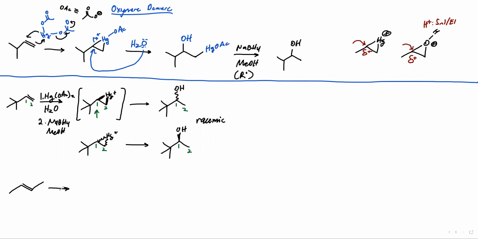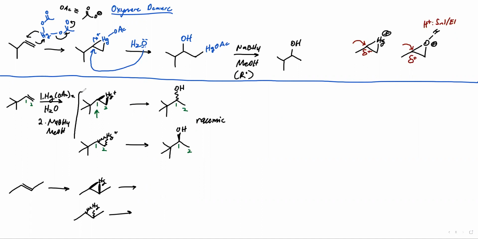So we can totally have this butene here where, let's say we have the up wedged, we'll have the down dashed. And water could really open up any of these, right? There's really no preference for which side it opens up.